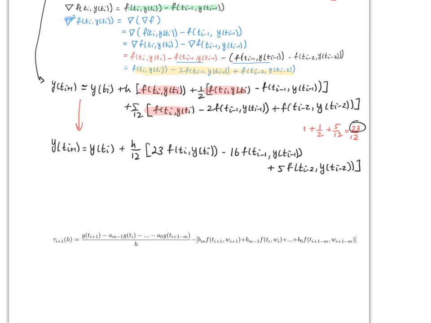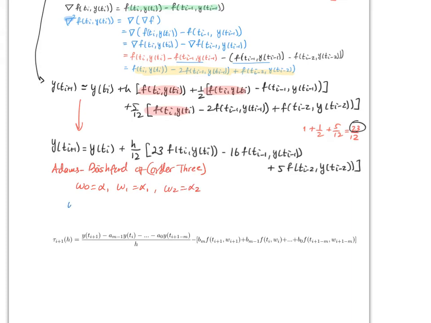Therefore, the Adams-Bashforth method of order 3 is going to be the following. You need w0, w1, and w2 to start the problem.